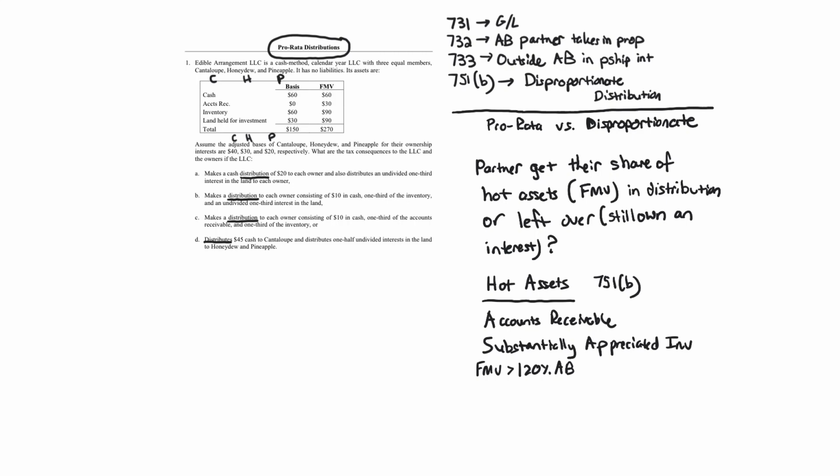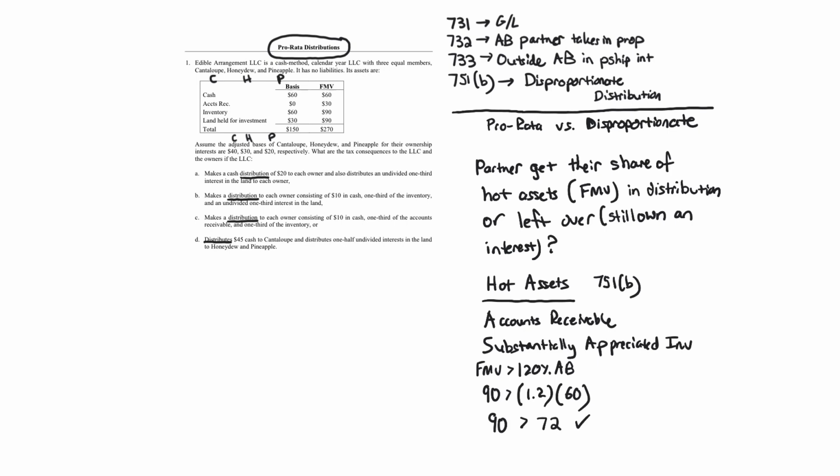So here, the inventory is a 90 fair market value. If we take 1.2 of 60, we get, what is that, 72? Is 90 greater than 72? Yes. And when you have substantially appreciated inventory, you include it in this analysis. Okay? If it wasn't, you would not include it. It would just be the accounts receivable.